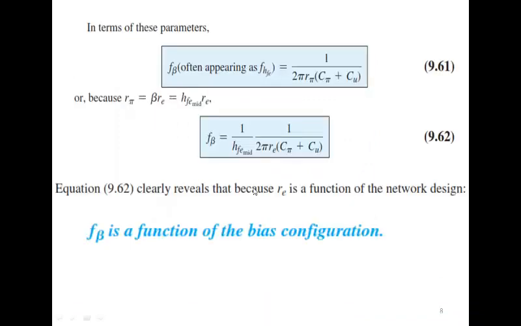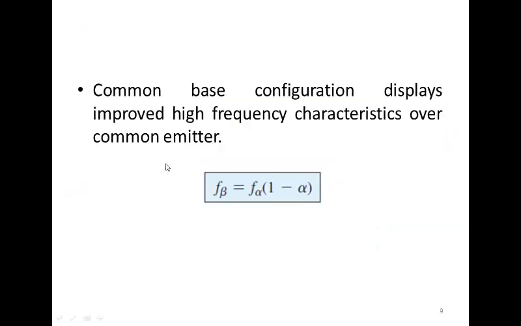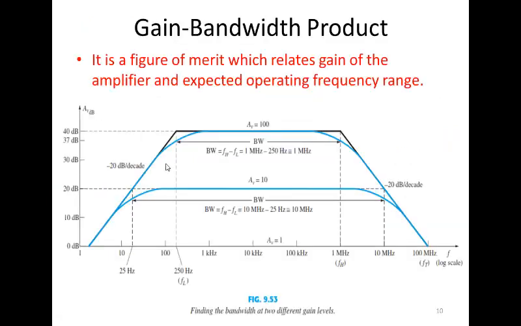We have derived the relationship for f beta, and here this is shown. So we have arrived at this point where we would now see what is gain bandwidth product.